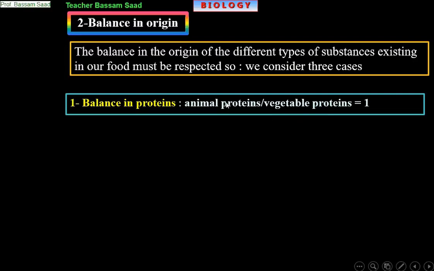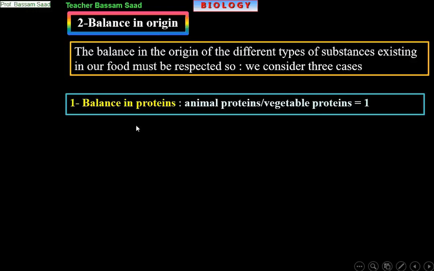You must divide this into two equal quantities, from animal as meat and from vegetables as seeds, as any other vegetable containing proteins. So, if the mass of proteins is 300 grams, 150 grams must be of animal origin, and the other 150 must be of plant origin. It is important. This is what we name balance in origin.